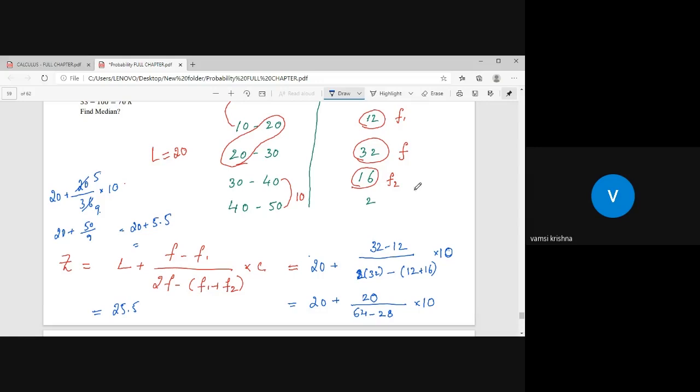Am I correct, students? Please check yourself also. Post your answer and let me check. Are there any students who already posted any answer?